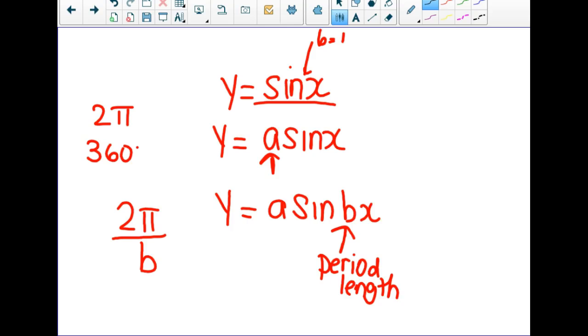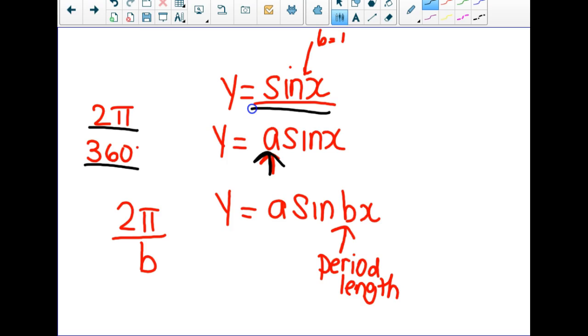Okay, so we were talking about sine graphs that were just plain old simple, right? And then we introduced when there's an a in front, the amplitude's always positive. And we knew before that one cycle or period length is either 2 pi or 360 based on the unit circle.